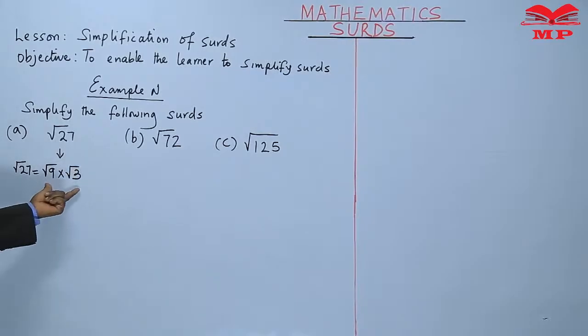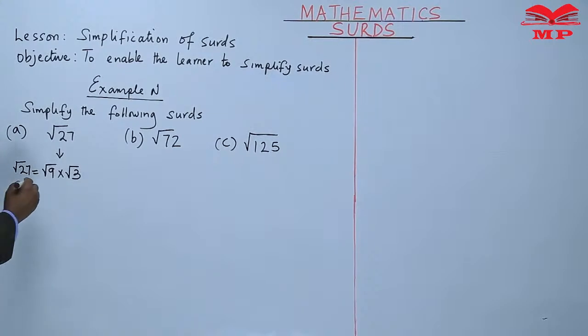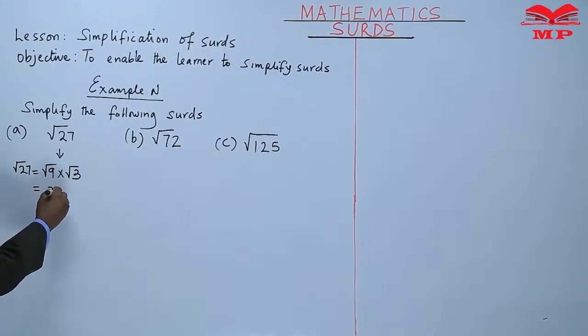But learner, you discover 9 has a square root. So this will work out to 3 square root of 3. And that is the simplified form of that surd.